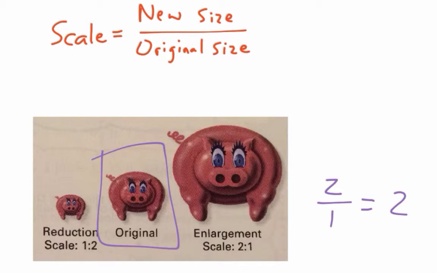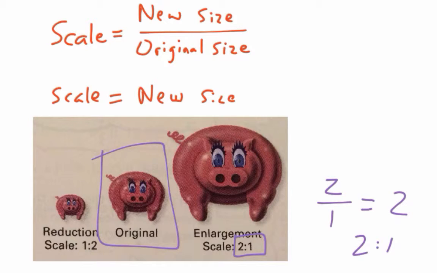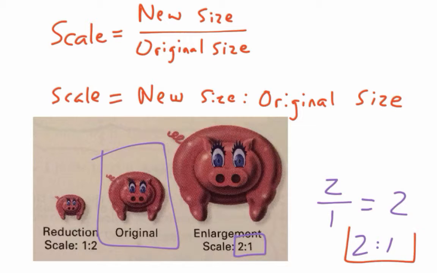You see here, they wrote it as a ratio, 2:1. And that's the same way that you could, in this red, say instead scale equals the new size colon the original size. If you go back to the last chapter, that's the same way we were doing ratios before. If we have a ratio of 2 to 1, that'd be the same as the fraction 2 over 1.